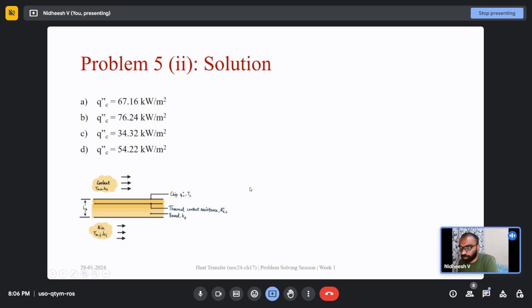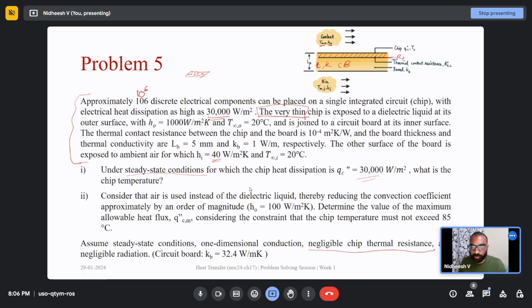Okay, sorry, contact resistance is here, 10 power minus 4 meter square Kelvin per watt.